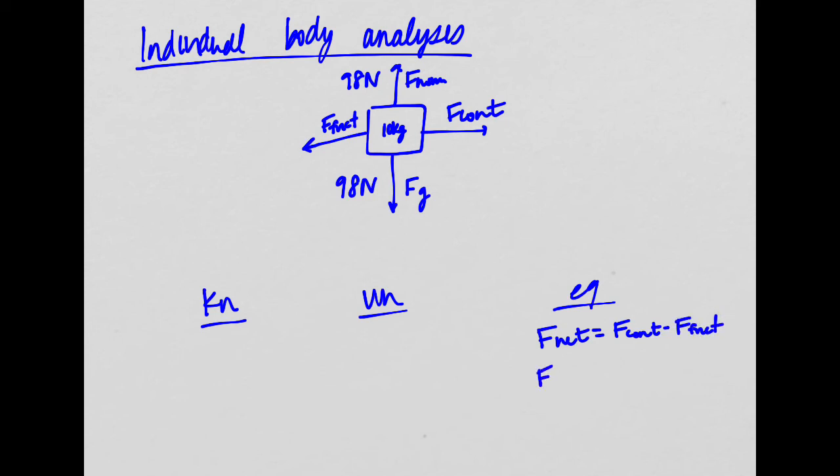We also know that the net force is equal to mass times acceleration, right? Okay, so we see a problem here. We can't have two unknowns. We can't not know our contact force, and we can't not know our friction. The friction is not going to be the same for this box as it was for both the boxes together when we did the system analysis.